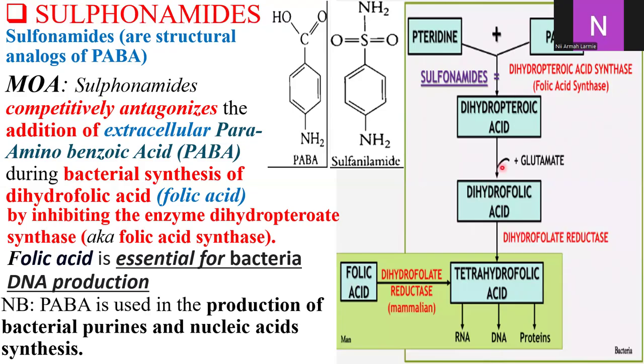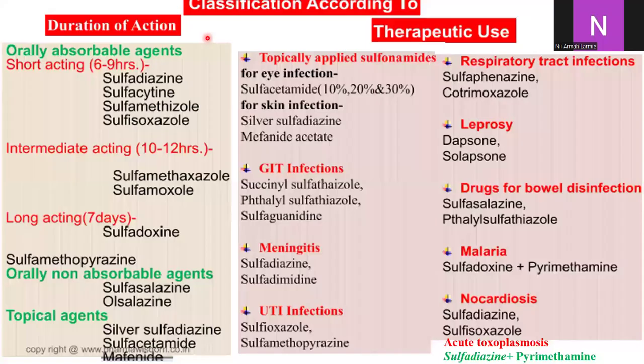So note that it's a specific enzyme, folic acid synthase, that our sulfonamides inhibit. We classify our sulfonamides also based on the duration of action into three main groups.